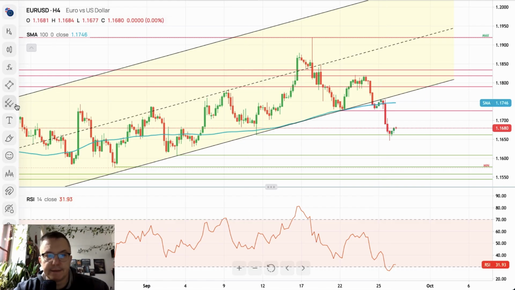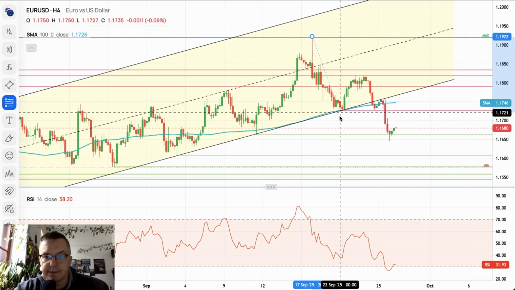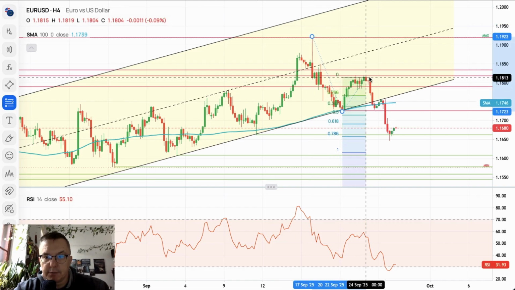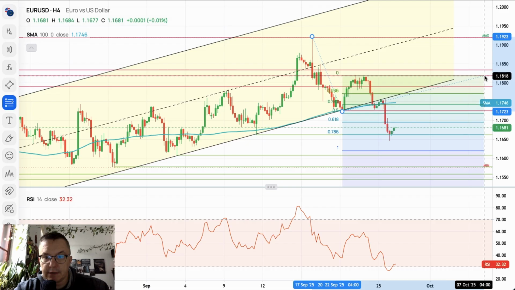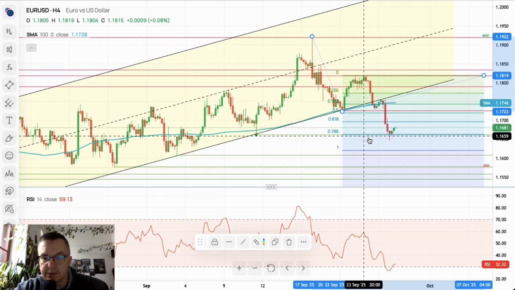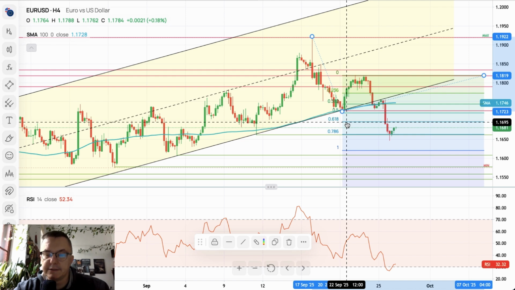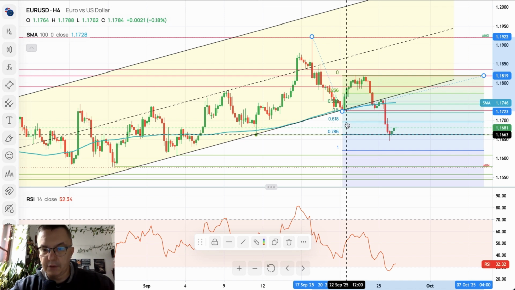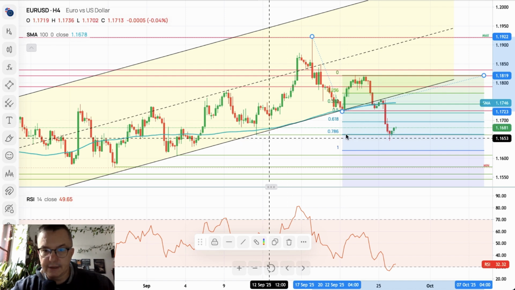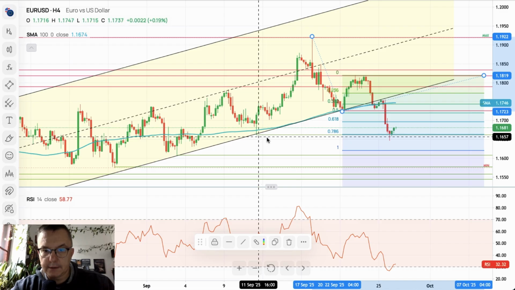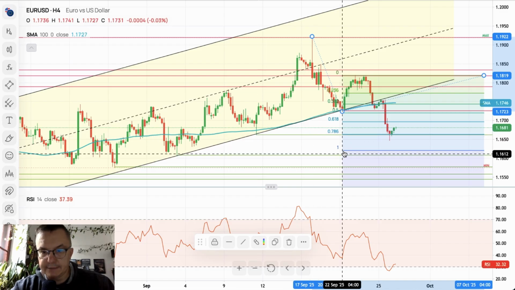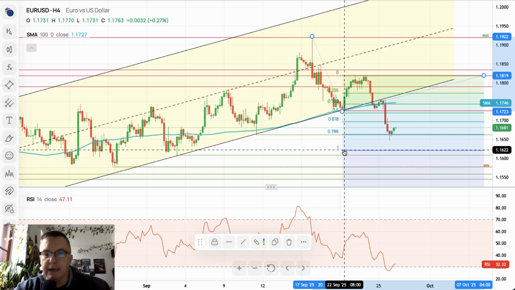If we place some sort of Fibonacci measurements from the highs of the wave A to the top of the wave B, let me just move it like here, for example, you can see that we've broken 61%. We've broken 78, which is very close to the technical support, and the target is still located at 1.1622.